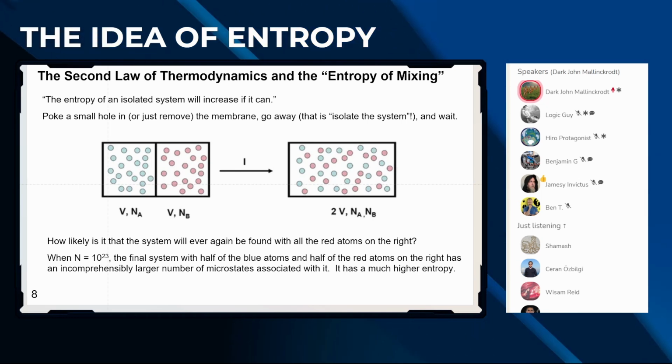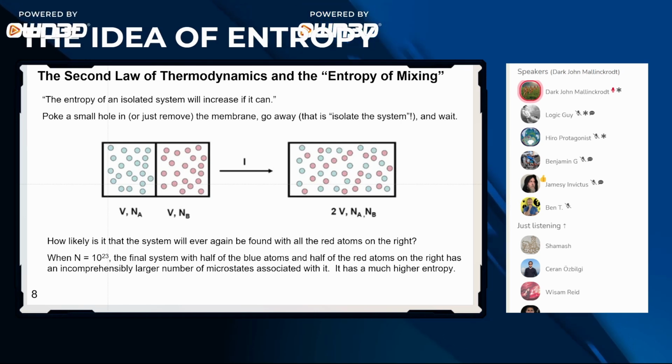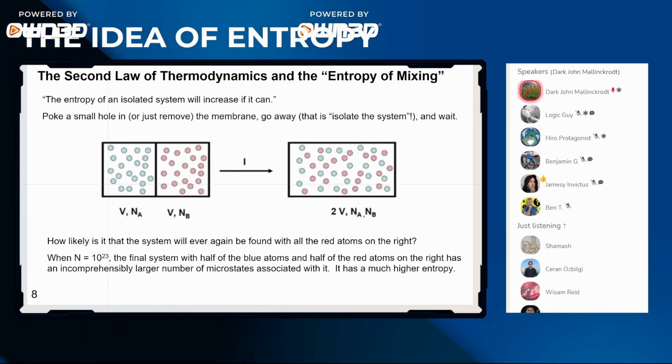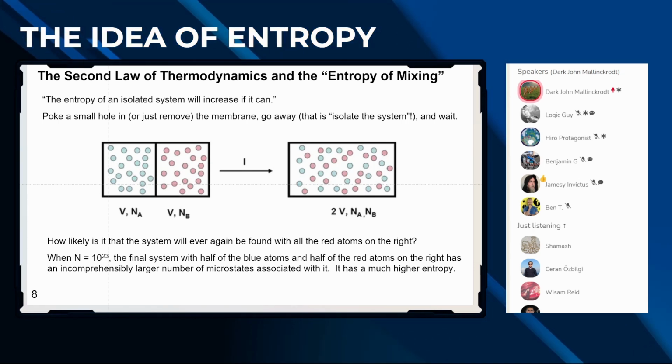So take the same system we had before, gas on the left and right, but now make it the same gas. They're all oxygen molecules, and now poke a hole in the membrane and let the gases mix. You end up with something that looks like you could just put the membrane back, and you'd have the initial state again.